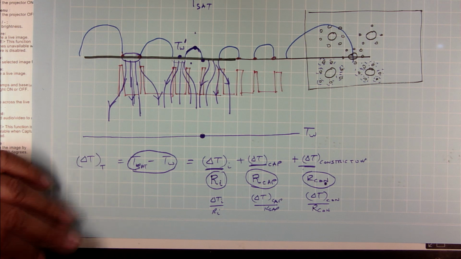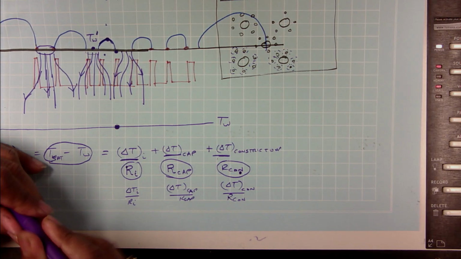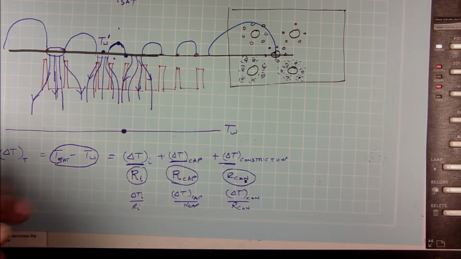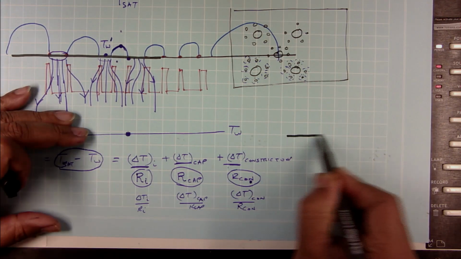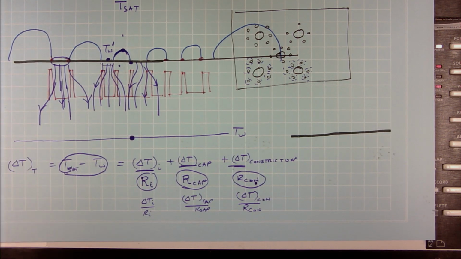Okay, now contrast this with film condensation. In film condensation, it is fairly simple because I have the heater surface. I think I dropped my pen.